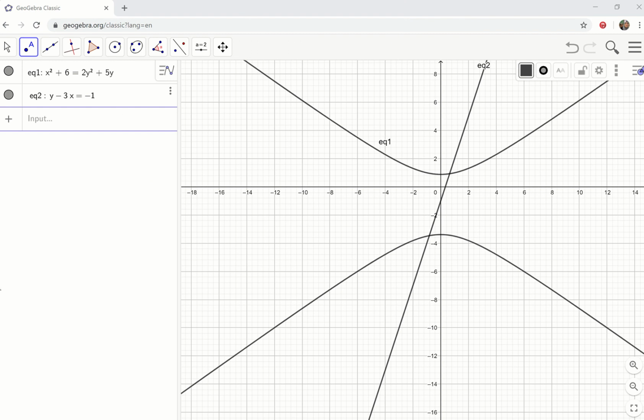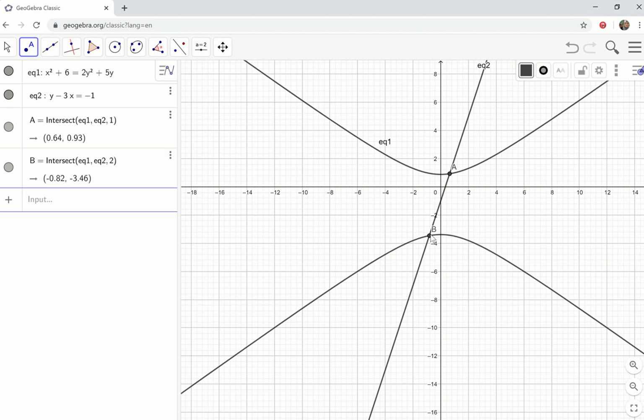So class, basically this is the diagram of the equations. Let's check the intersection. Since we have two intersections, you can click here and then click at the intersection. The intersection of equation 1 and equation 2 gives 0.64 and 0.93, and I'm going to click another point, the second point.